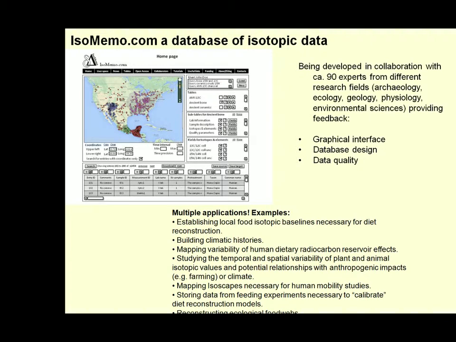There are about 90 different experts from the fields of archaeology, ecology, physiology, etc., providing feedback on the graphical interface, database design, data quality, etc. And of course, there will be plenty of applications coming out of this, but I would highlight in this context the possibility of establishing isotopic baselines, which are specific to a particular spot, to a specific region, and to a particular time period.